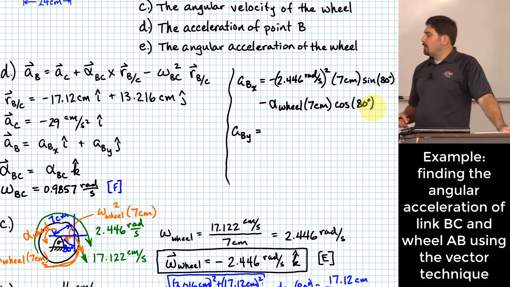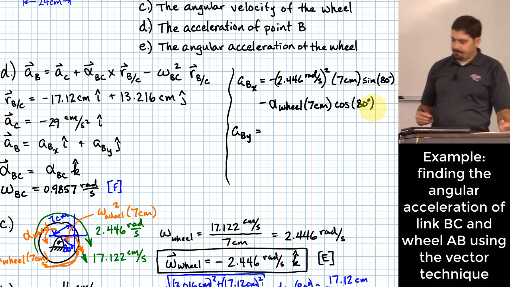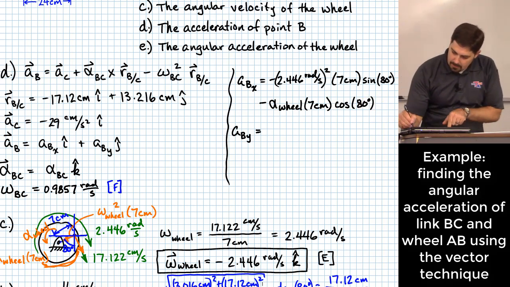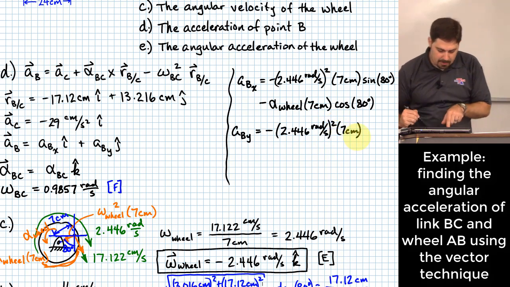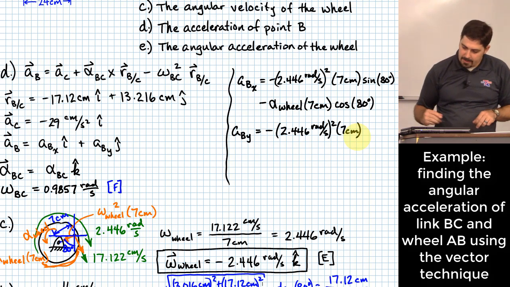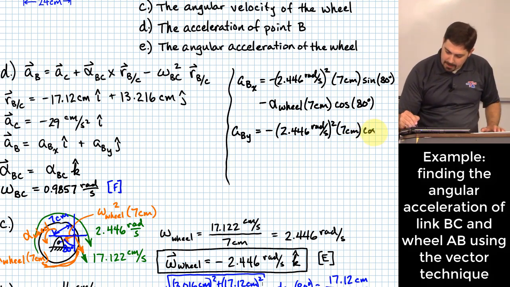All right, now the y direction. Okay. The y direction for the normal component, it's going to be pointing in the negative direction again, as the arrow generally points downward. We'll have 2.446 radians per second, that'll be squared, multiplied by 7 centimeters. And because I want to pick off just the vertical component, I multiply this by the cosine of 80 degrees.